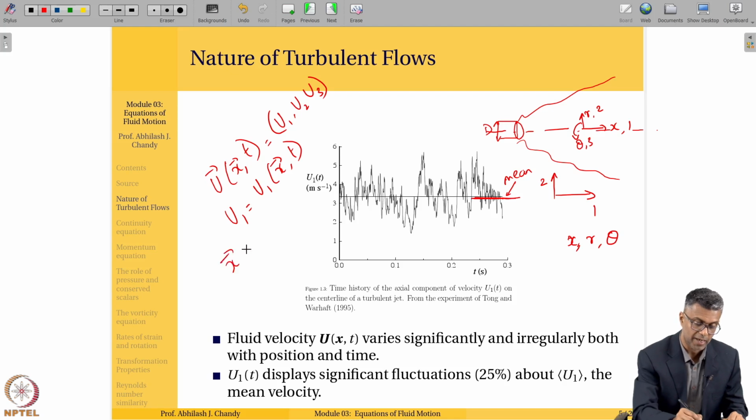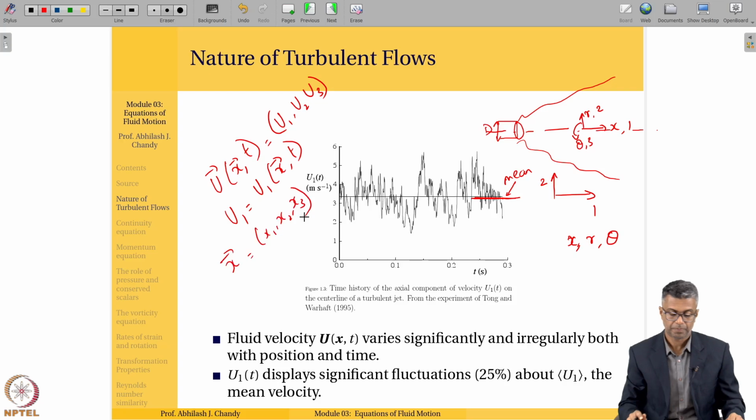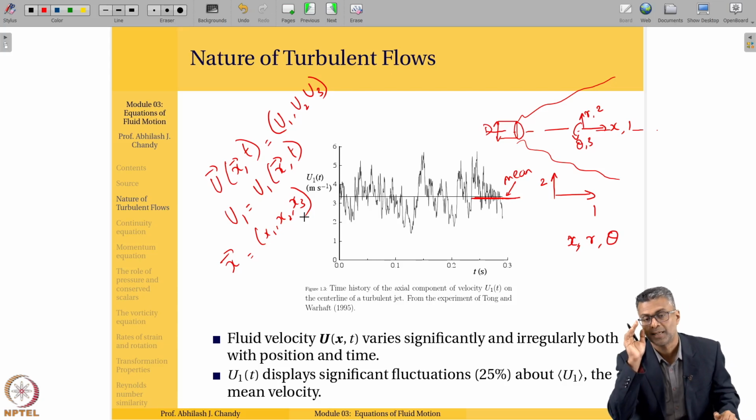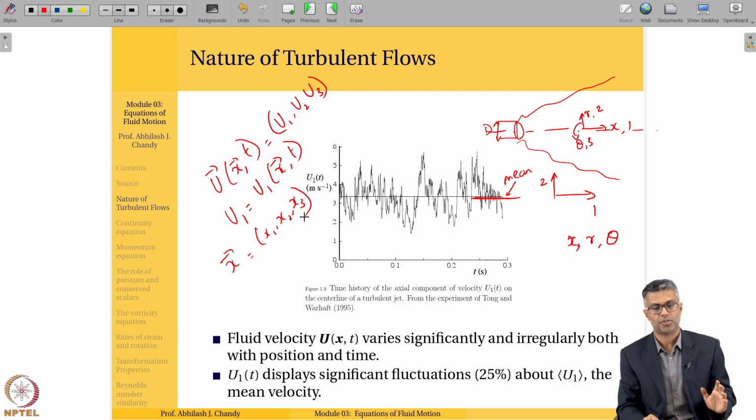The position vector x is x1, x2, x3. Now, coming back to the behavior of u1(t), it clearly is irregular. There are a lot of fluctuations. And it is expected that it is going to behave irregularly with position and time. What is shown here is a time history, and the mean is taken.